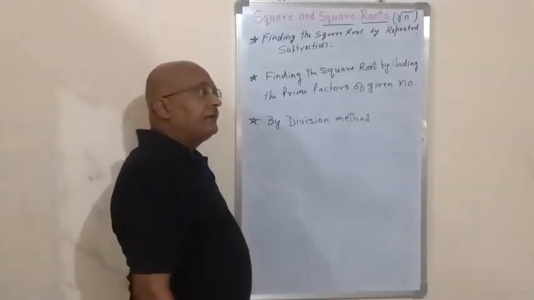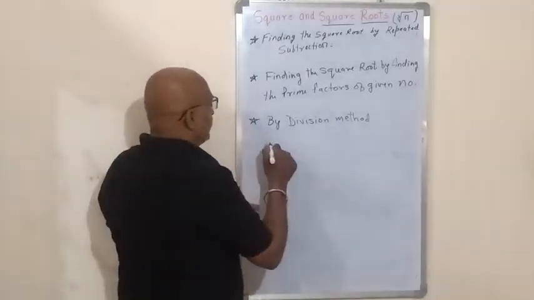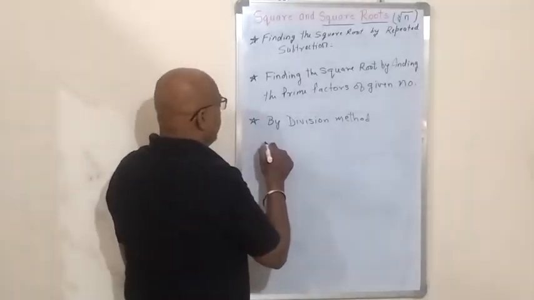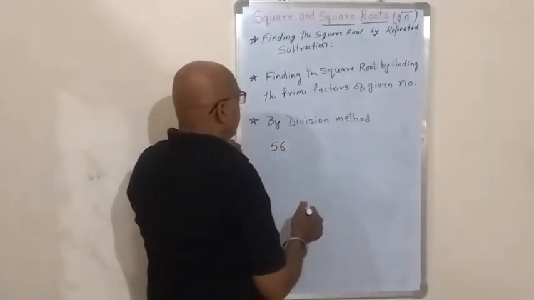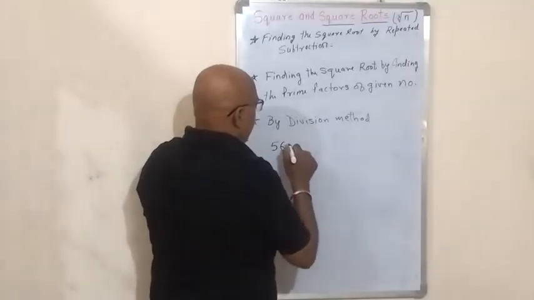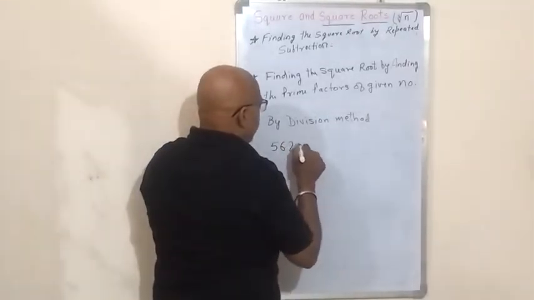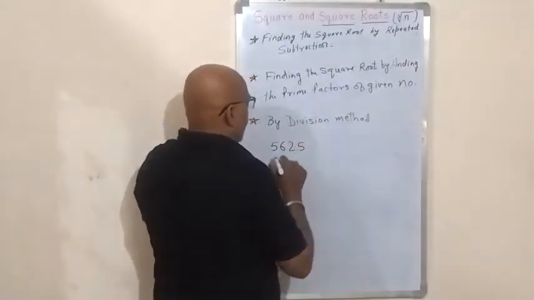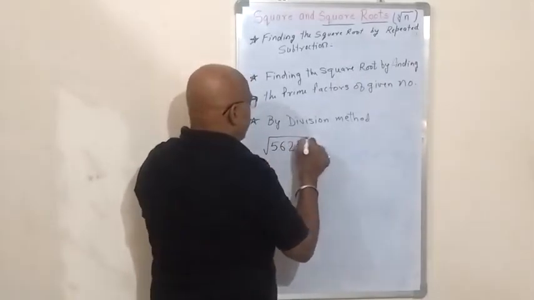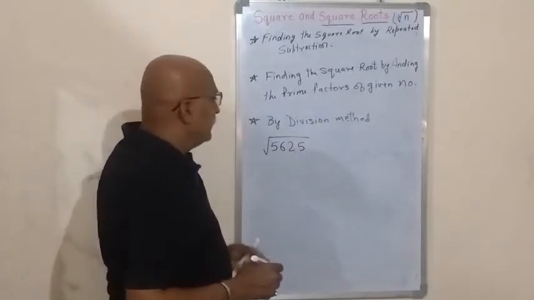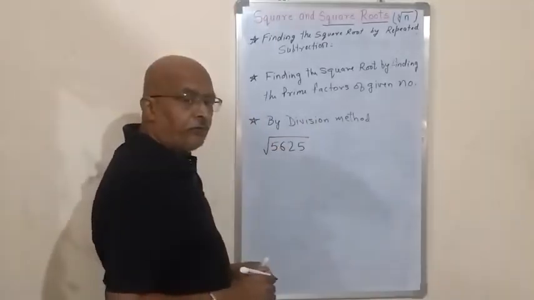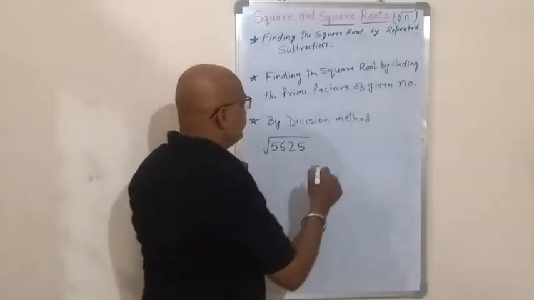Now let's take a number. Say a number given is 5625, and we have to find the square root of this number. By division method, how can we go for that?